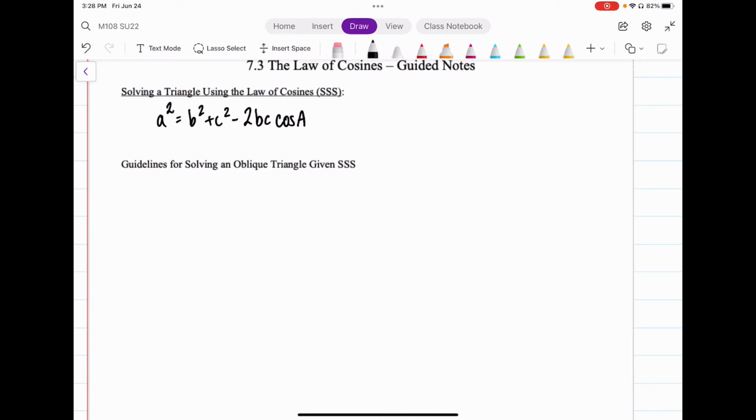Solving for the cosine of A to give the alternate form, I would have a squared minus b squared minus c squared divided by negative 2bc, but that's a bunch of negatives that I don't want. So I'm going to say that is the same thing as cosine of A equals, I'm going to change every single sign and rewrite it to say that's b squared plus c squared minus a squared all over 2bc.